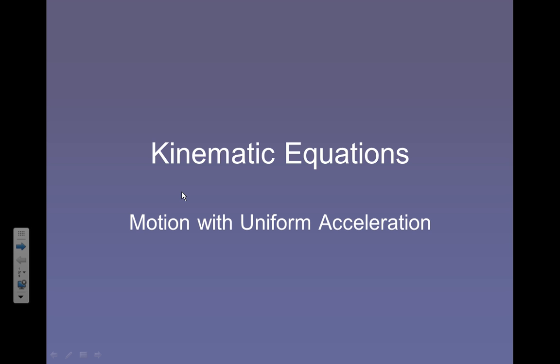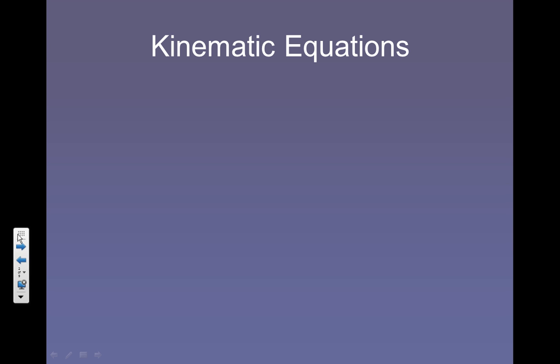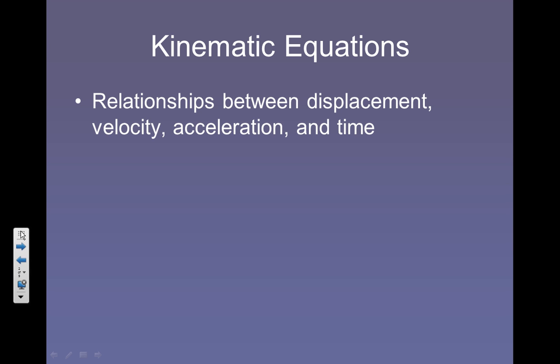All right, yesterday we began discussing the kinematic equations. The whole gist of yesterday was, now that we've introduced all of these concepts, displacement, velocity, acceleration, how time fits into all of this, what we want to do now is mathematically come up with a representation of how these things are all related.